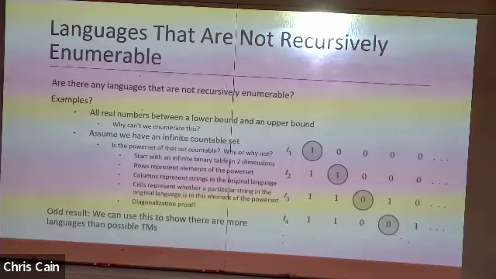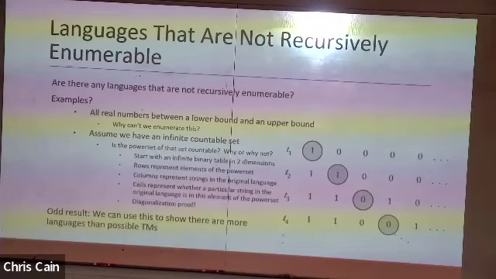There are more possible languages than there are possible Turing machines, even though there are an infinite number of both. So that's interesting and strange, but it means that there are languages that Turing machines cannot accept.